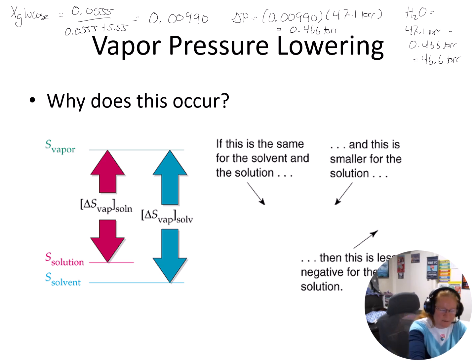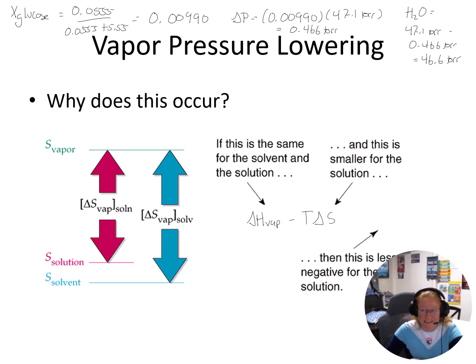All right, so why does this happen? So remember, we have our thermodynamic relationship. When I look at this, what is the same for the solvent and the solution? Our delta H of vaporization is the same, minus this T delta S. And this is smaller for the solution.